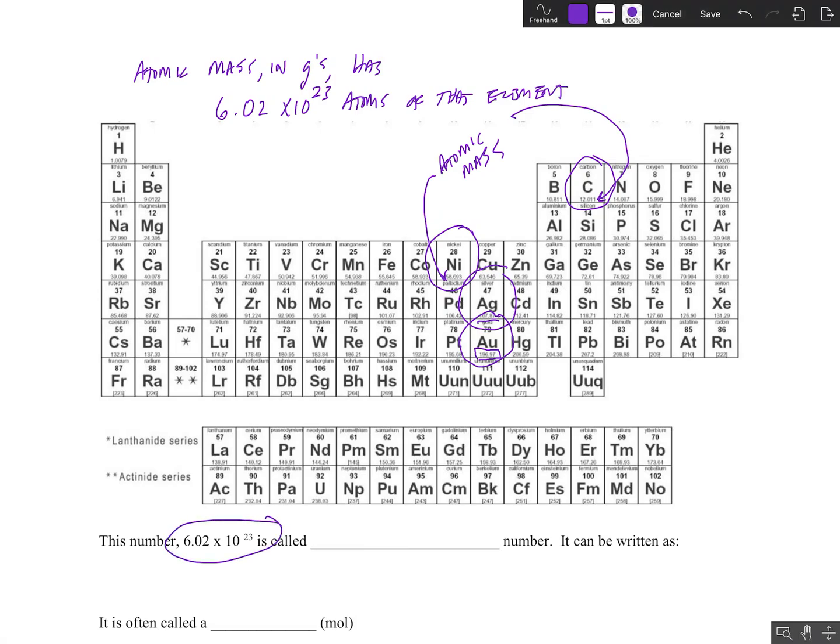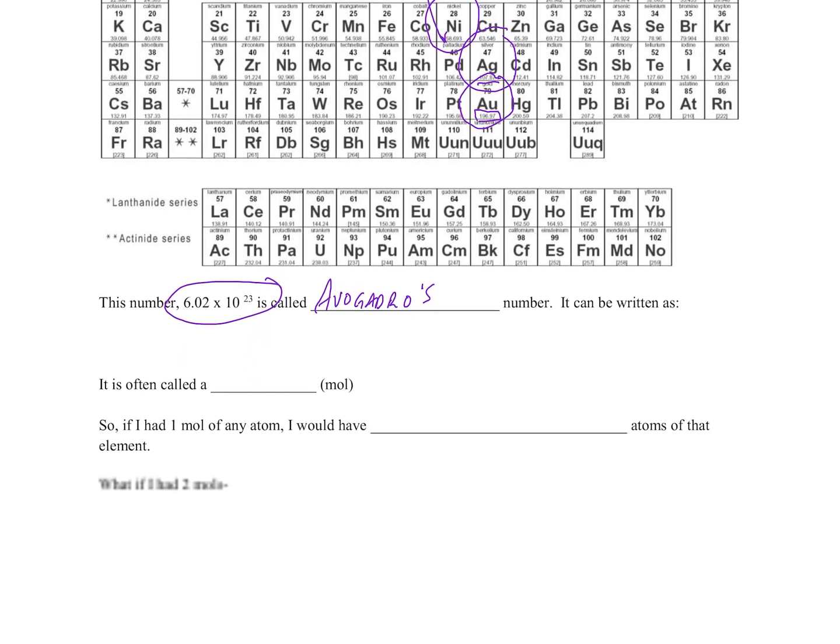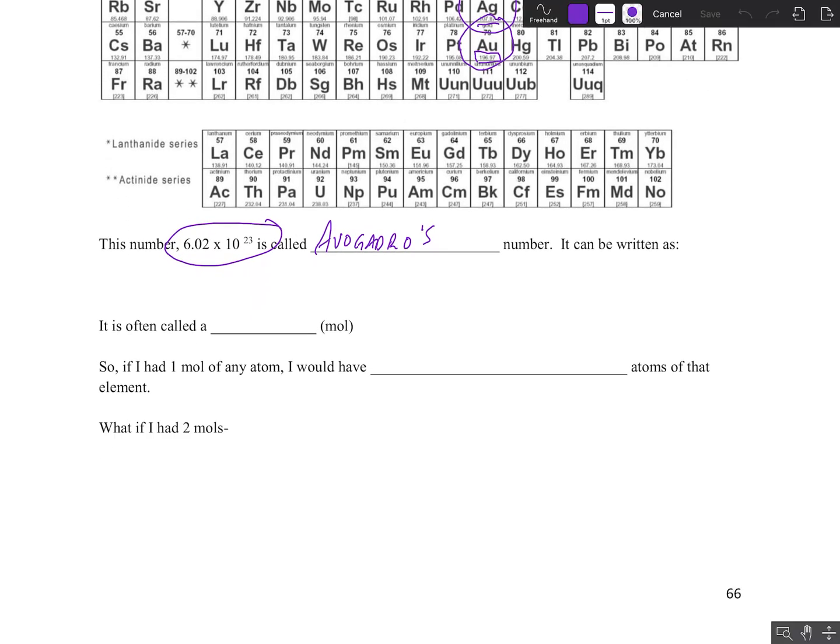This number, 6.02 times 10 to the 23rd, is called Avogadro's number, after the individual who calculated it. It can be written as, and we're going to write that down again, this time you try it with me, 602 with 21 zeros after it. I think I counted properly.